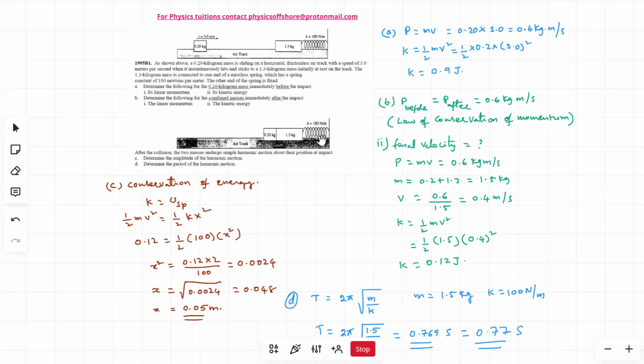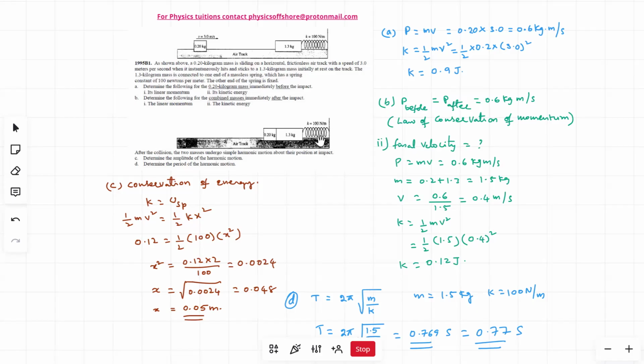Because of that compression, the spring mass system becomes a simple harmonic oscillator, and they start oscillating. Therefore, the initial kinetic energy gets converted into elastic potential energy. The spring has elasticity, so the energy gets converted into elastic potential energy.